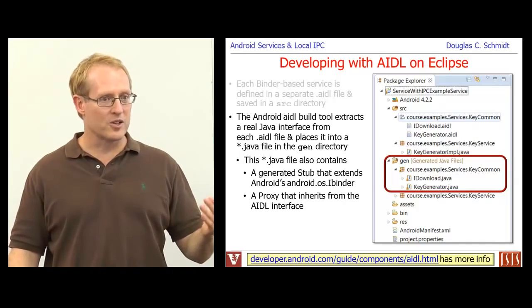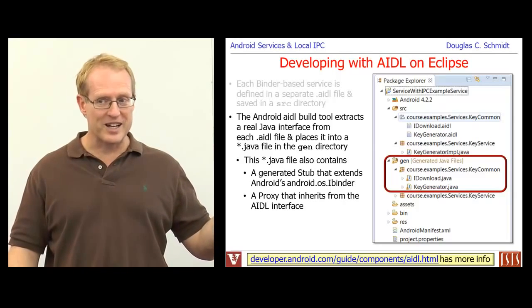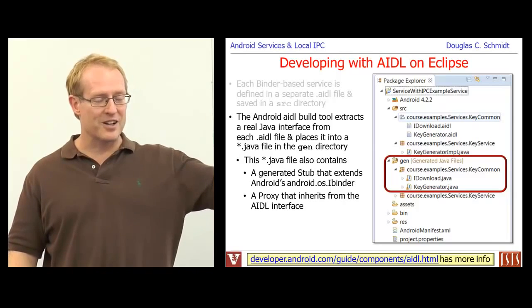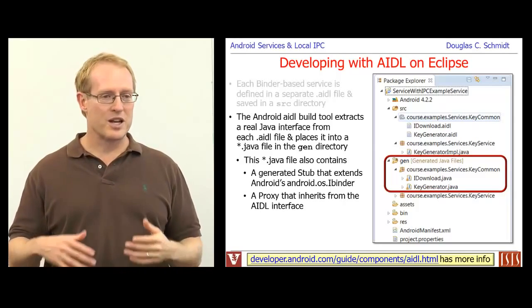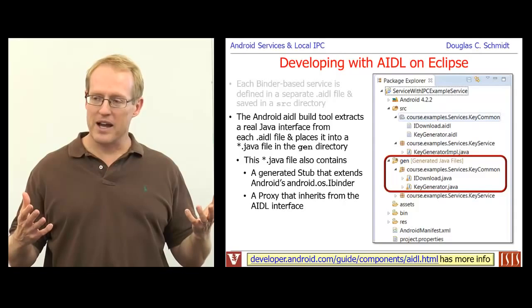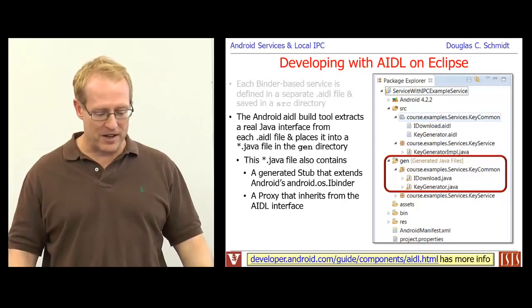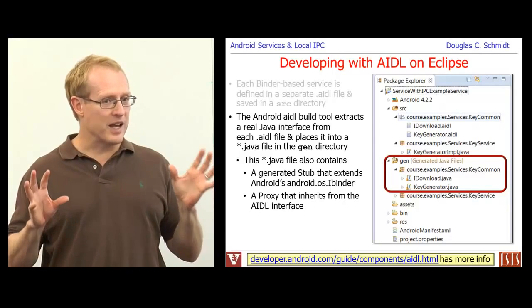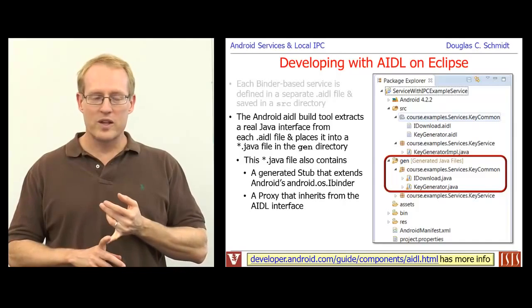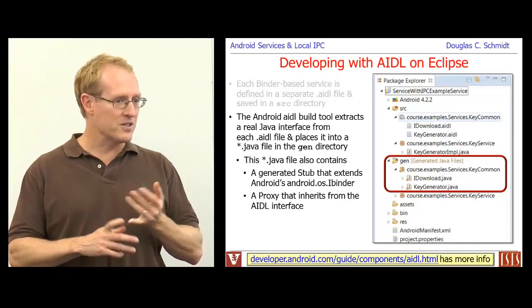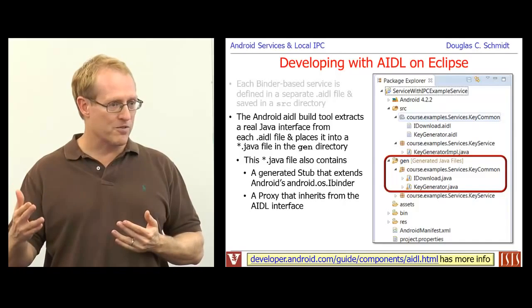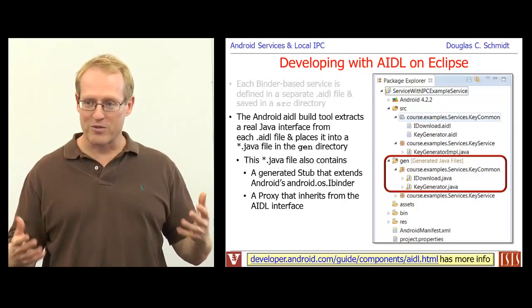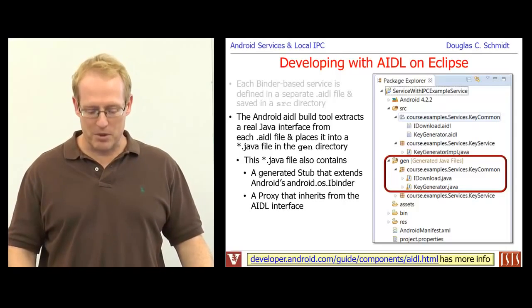If you take a quick look at the gen directory after you plop AIDL files into the source directory, you will discover that the AIDL compiler has run and created Java files on your behalf. And the Java files contain a bunch of things, and we'll talk about them. One thing they contain is an actual Java interface that corresponds to your interface, and that's very important for what you're doing. Then they also contain a couple of other things as well.